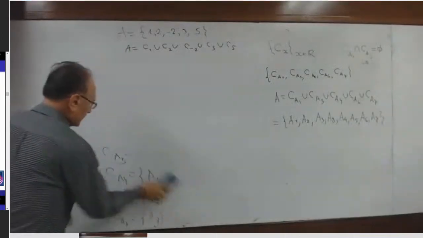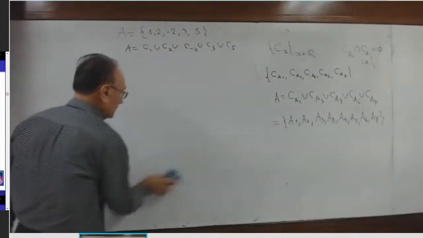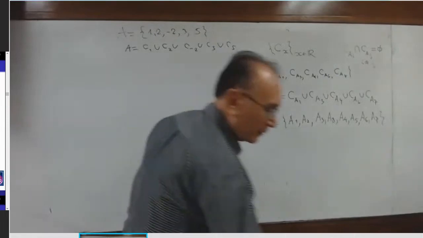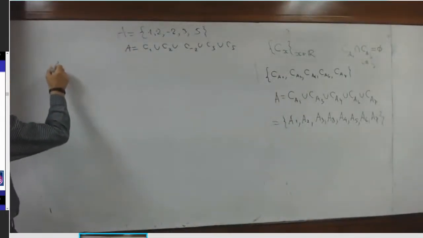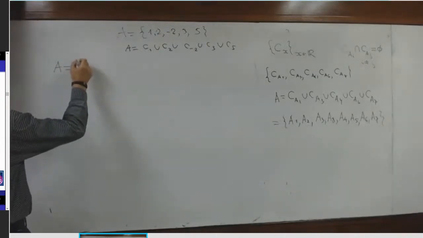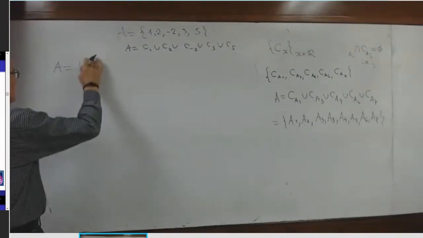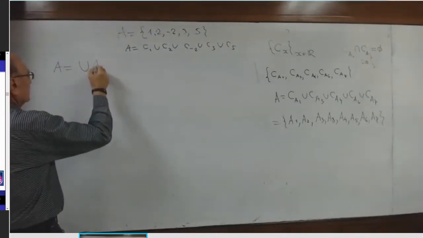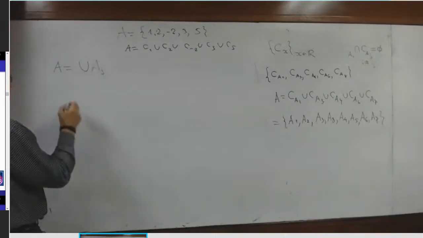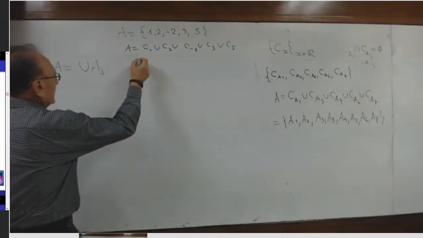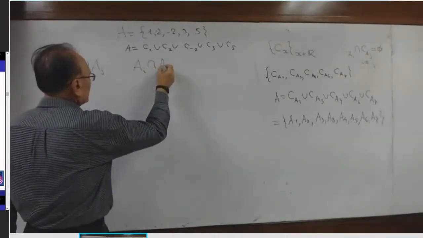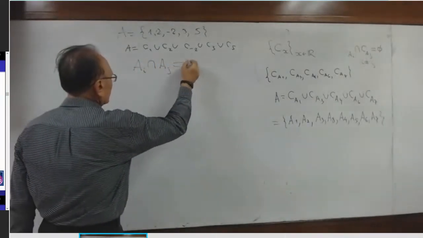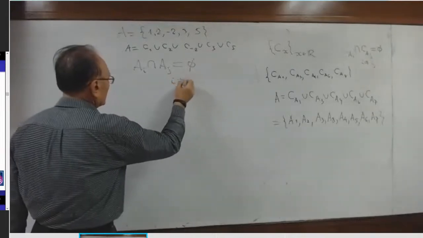Now, the converse of this. Let's say you have some partition of the set A. So A is written as a union of Ai, where Ai intersection Aj is empty if i is not j.